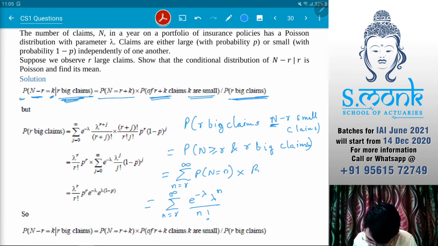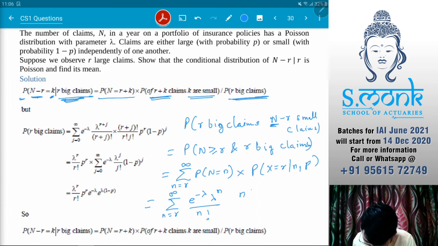So you can say binomial, that out of n claims we want r, probability X is equals to r, given n comma p as our binomial distribution value.